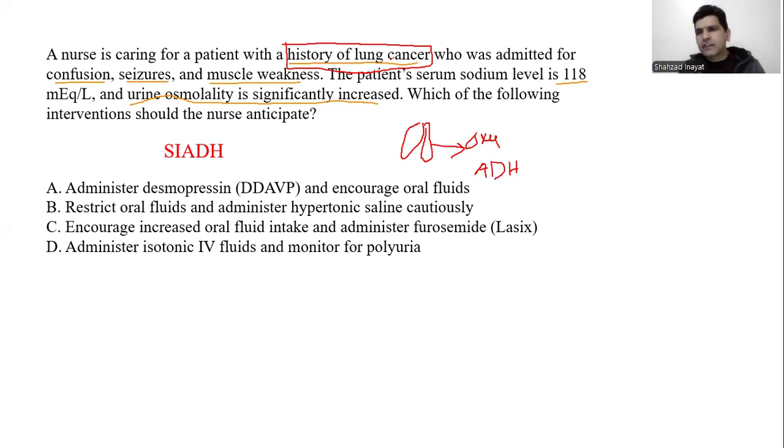If there is increased release of ADH in the body, this can cause syndrome of inappropriate antidiuretic hormone, right? Now we need to understand the function of antidiuretic hormone to solve this question.